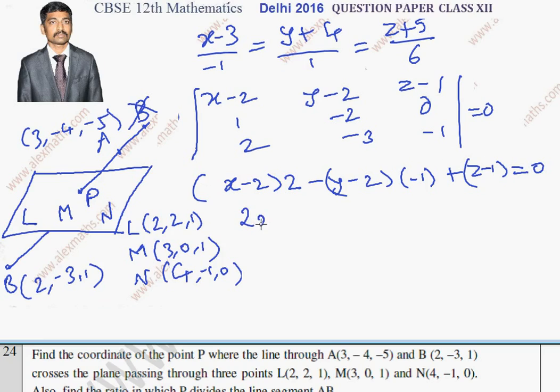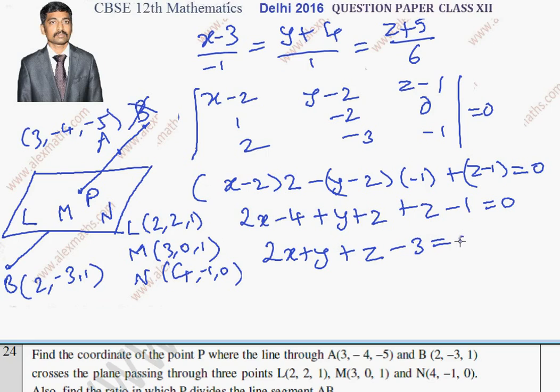So the equation of the plane is 2x minus 4 plus y plus 2 plus z minus 1 is equal to 0. So totally we get 2x plus y plus z minus 3 equal to 0.